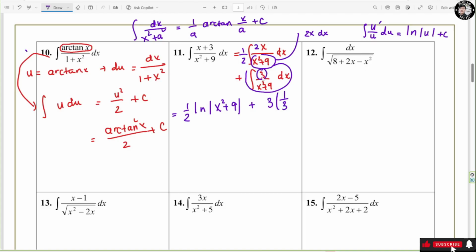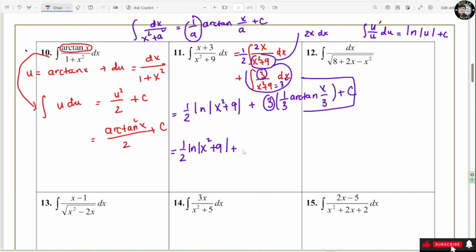Remember this 3 right here and right here are the same, and the 1 over 3 comes from the formula, because this one is 3 squared, right? Arctangent of s over 3 plus c. Now if I simplify, it's going to be 1/2 ln of the absolute value of s squared plus 9 plus arctangent of s over 3 plus c, right?